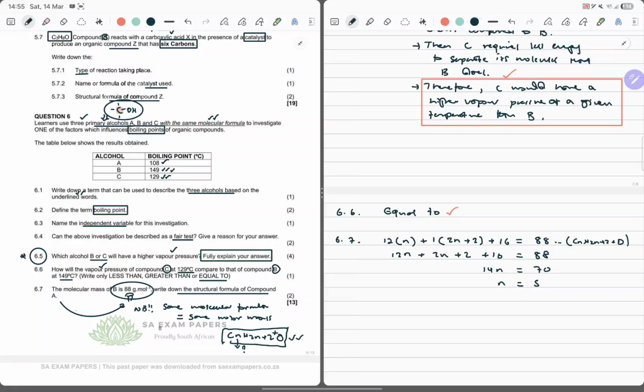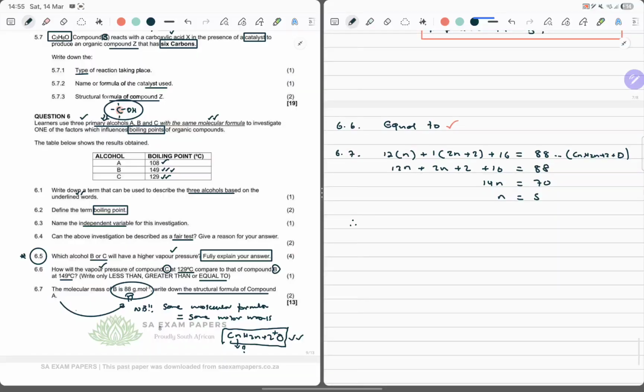Right, so essentially, guys, there's 5 carbons. We can say, therefore, we will have 1, 2, 3, 4, 5. But now let's be careful. A has the lowest boiling point, so this means it's the most branched. Now which one of these ones could it be?